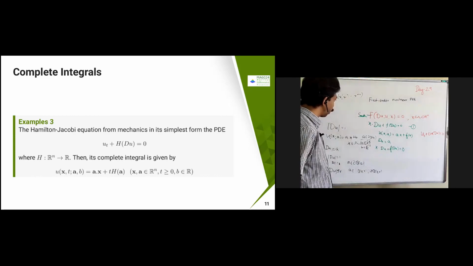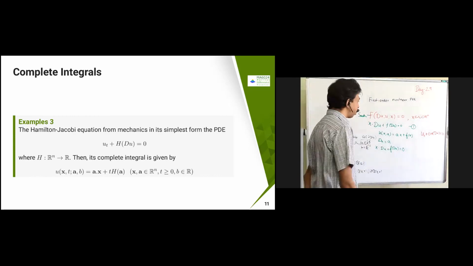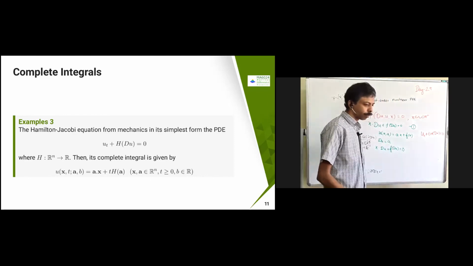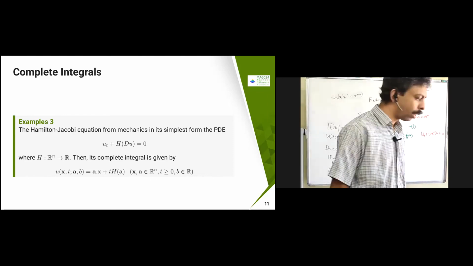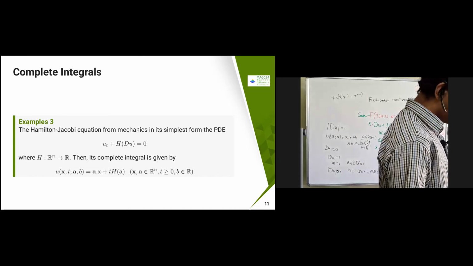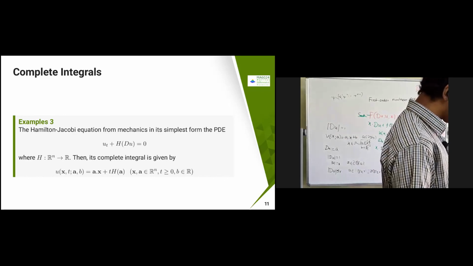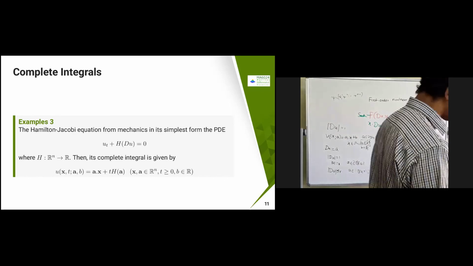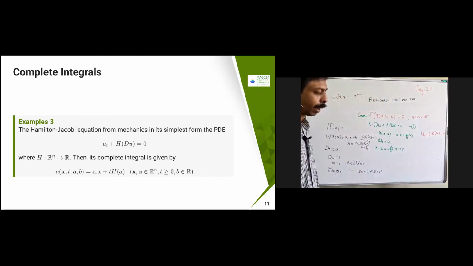Okay, a dot x plus b. Here we have to do a similar thing. Here I'm just going to take two parameters only. I think that's a mistake here. Plus b will come: a dot x plus b plus t times H(a) will come.